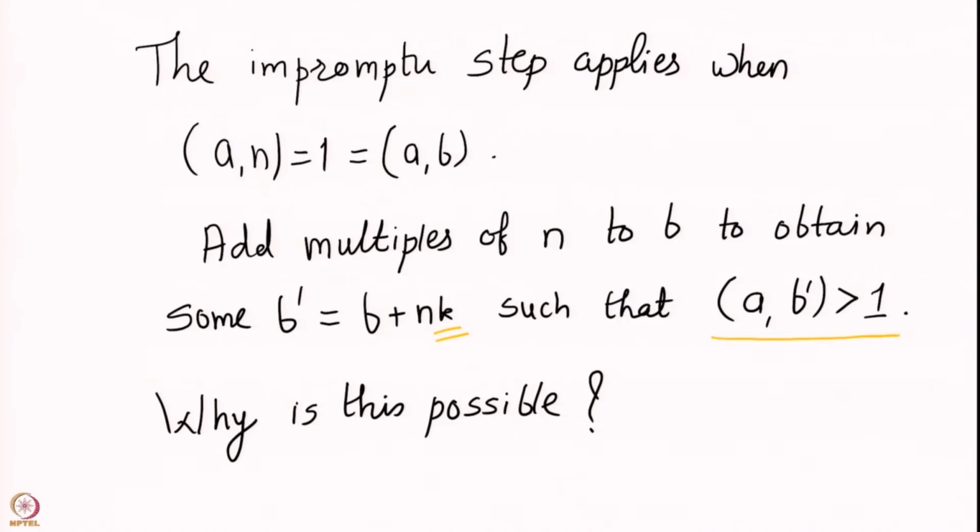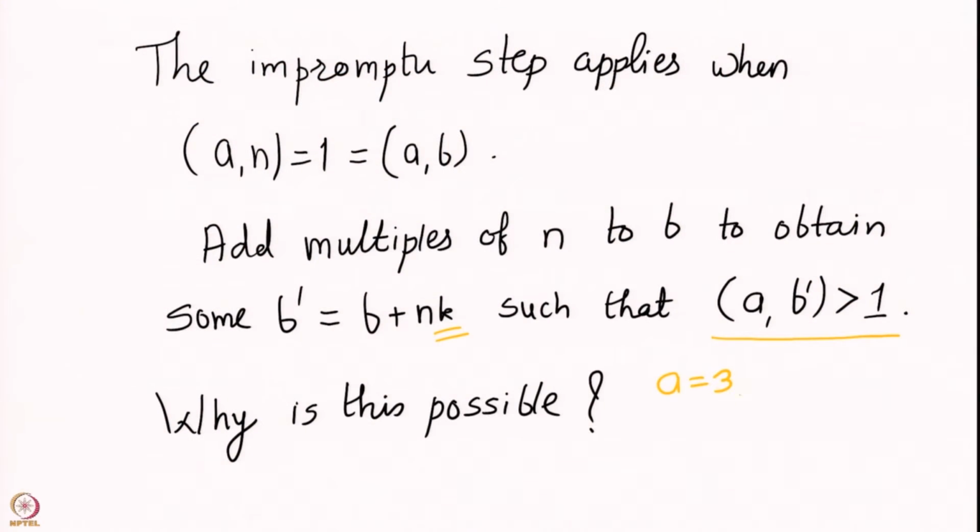We saw it in the last example where we had 3 and 7 modulo 25. We added 25 times 2, which was 50, to 7 to obtain 57, and that gave us the answer. So, A is 3, B is 7 and n is 25. Here k equal to 2 works.